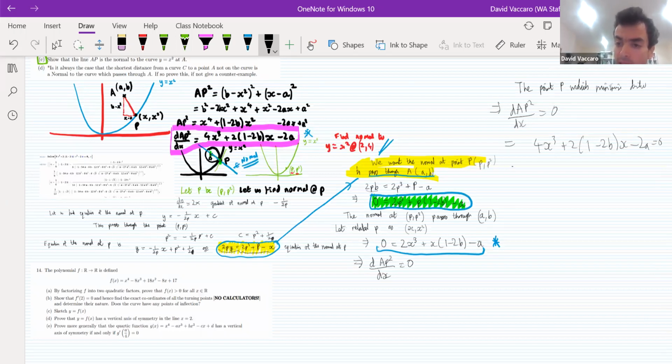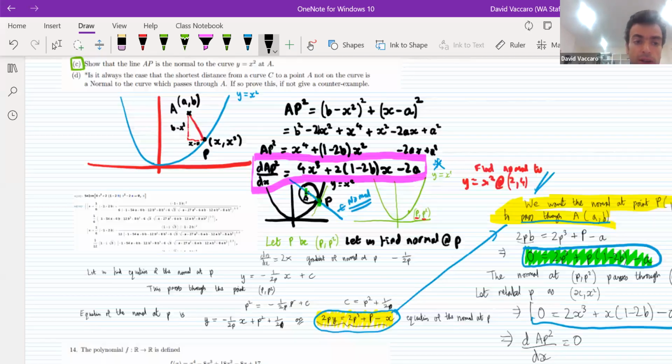But that's exactly the condition that we got here, that the normal at x squared passes through the point A, AB.